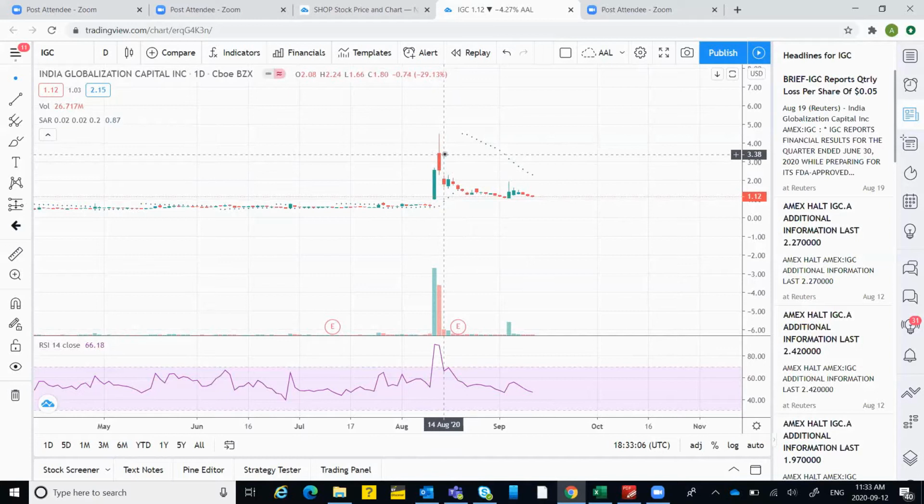This opened at a higher price, then closed at a price which is a little less than the previous price, not huge, or almost the same. So the news impact came here, and then the next day it made a high of 4.6 and started going down and gave a closing which was less than the previous closing.